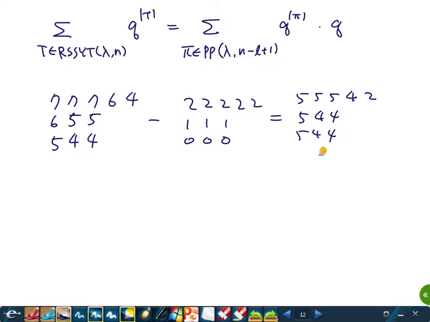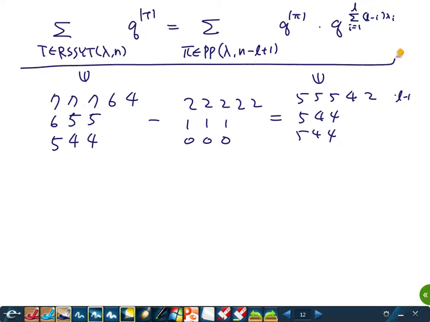So what is this? Plane partition, at most this, because we subtract l minus 1 in the first row, and always the largest one will be here. So we have this. And what do we have to multiply? Because we have extra power here. This is exactly summation of l minus i times lambda i, I think. So yeah, I think this is correct.